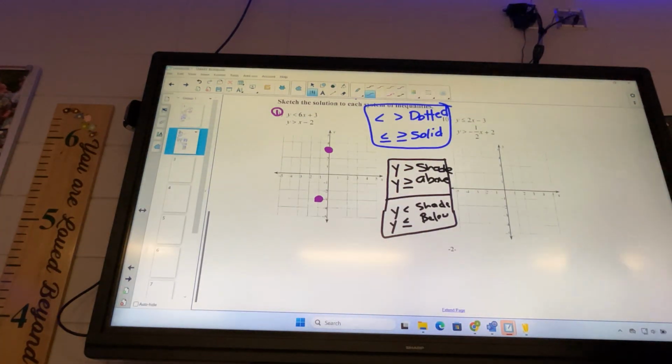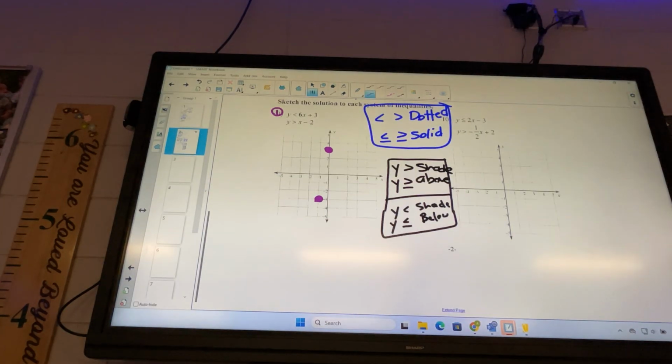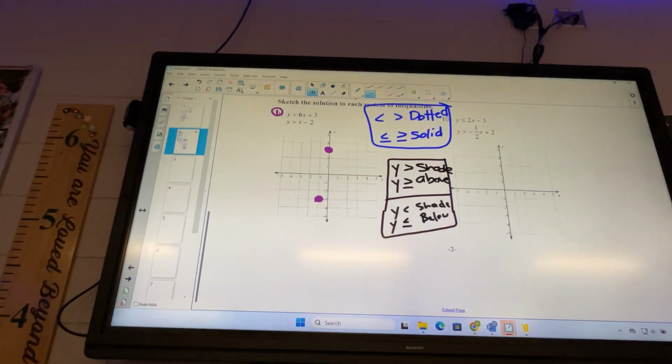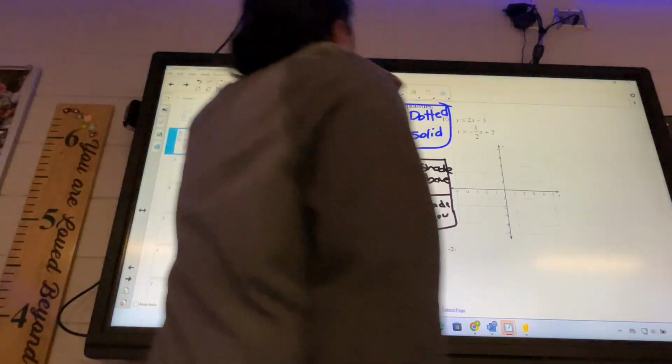Now that we've got our 2 dots made, because you should at least be making 2, if not more, is that going to be solid or a dotted line? It is going to be a dotted line, so make your line dotted. Are we going to shade that line above or below?